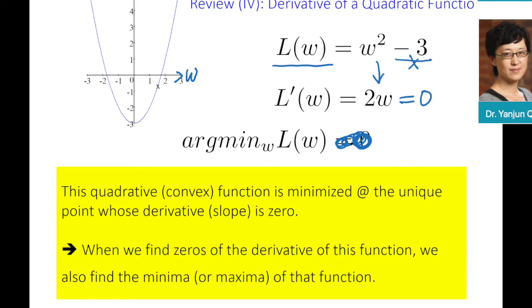So argmin over W equals the solution that makes L prime of W equal to 0, and this gives me the best W star. The solution from making the derivative equal 0 is the point that minimizes my L of W.